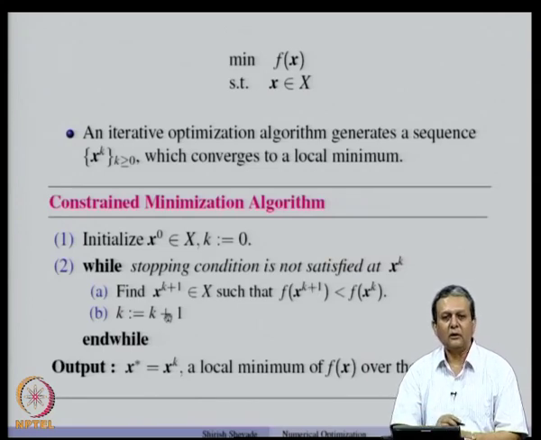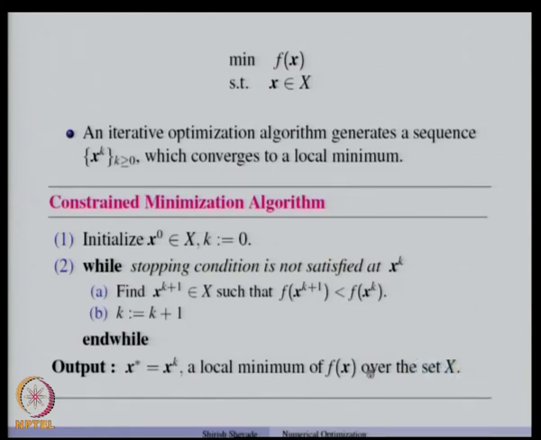Then increase the iteration counter, and the procedure is repeated till one gets a point x star, at which point the stopping condition is satisfied, and that x star is a local minimum of f(x) over the set X. So, you will see that in this conceptual algorithm for a constraint minimization problem, at every iteration the point x lies in the feasible set X. The initial point itself is in the set X, and at every iteration you get xk plus 1 in the feasible set X, such that the value of the function decreases.